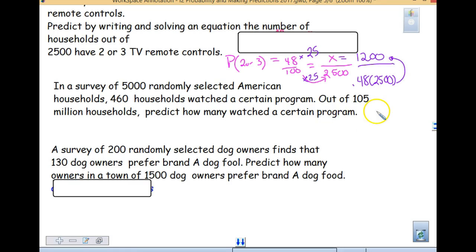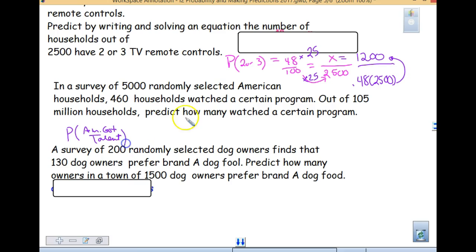So 0.48 times 2,500. I would like you to look at these next two. I would like you to set them up. We're talking about the probability in this case that they are watching one certain program, America's Got Talent, right? We're looking at this probability.